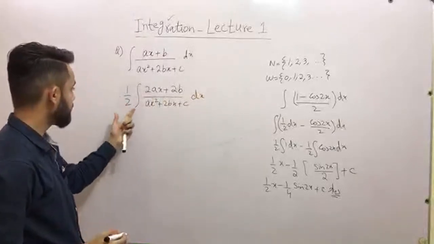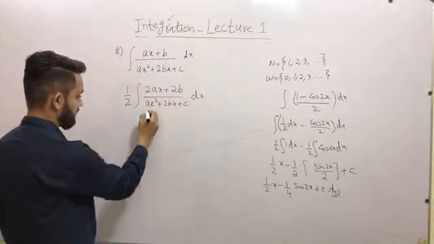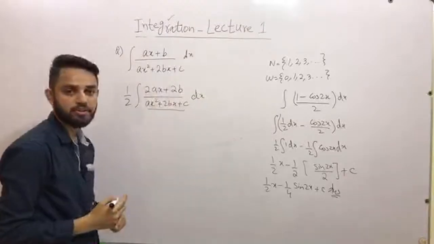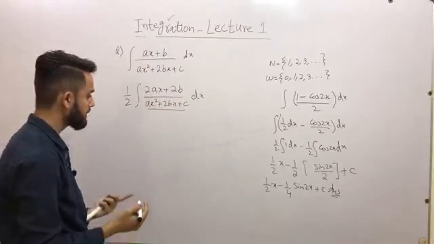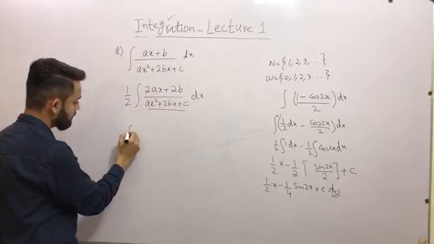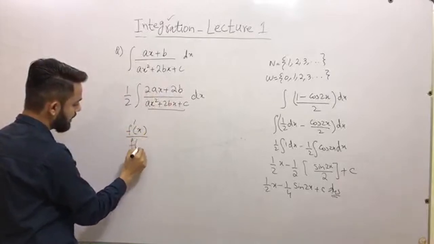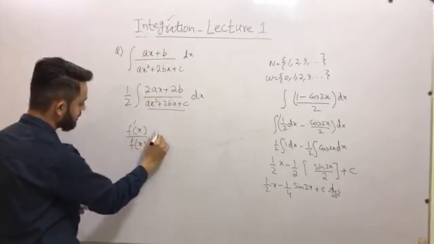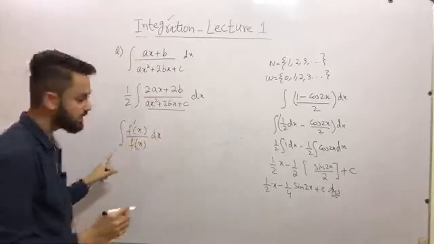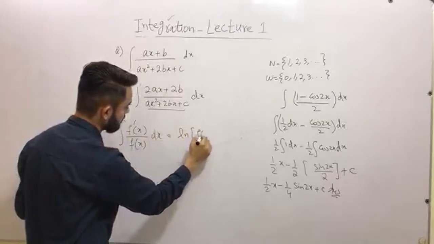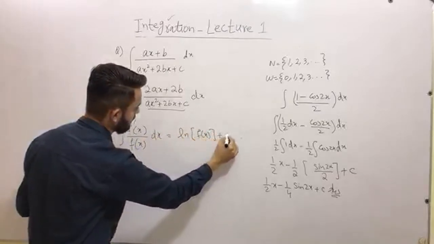Okay, now this is what we got. The function is here in the denominator and its derivative is here in the numerator. So we can simply write the natural log. I am giving you a general formula: if we have the derivative in the numerator and the function in the denominator, while solving this integral we can simply write ln of whatever the function was, plus c.